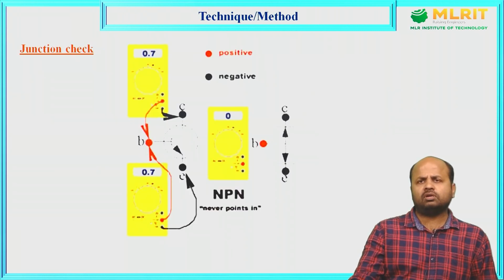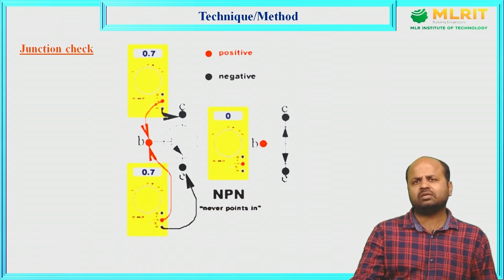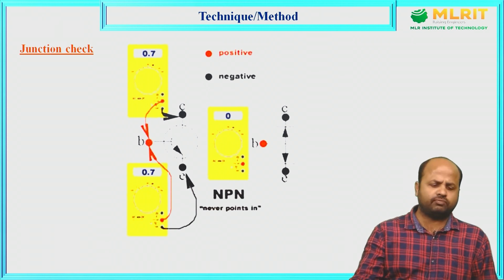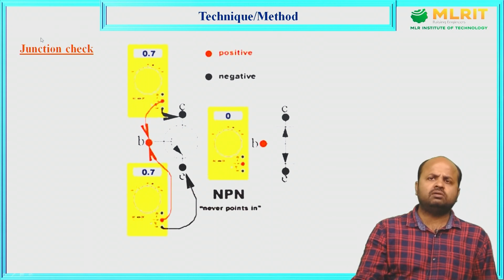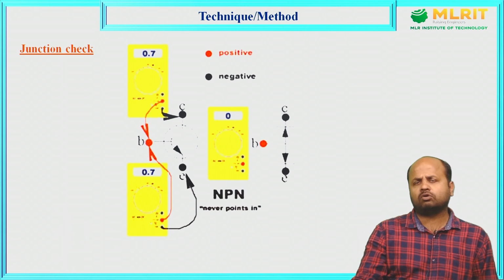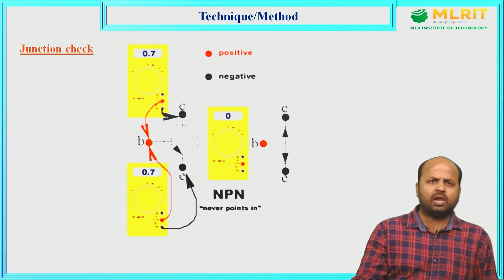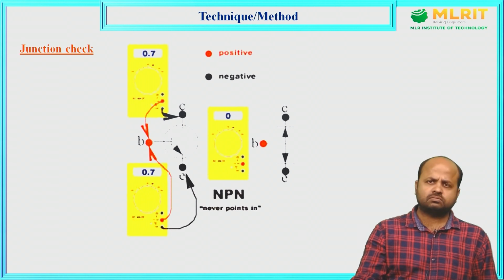So first of all, what are the different techniques to test the transistor? The first technique is the junction check, to see whether the junction is proper or not. How to check the junction of a transistor? Just apply forward bias to base-emitter and base-collector.